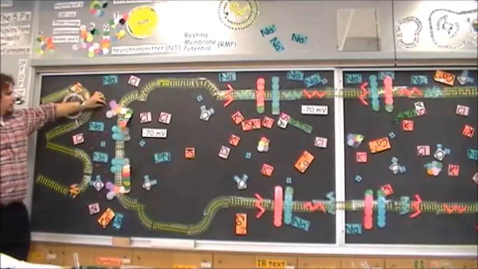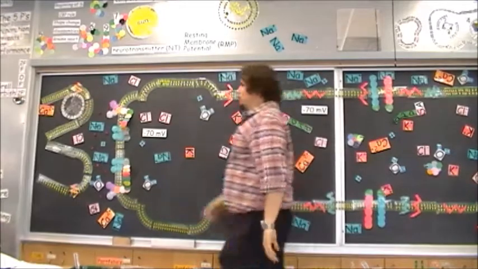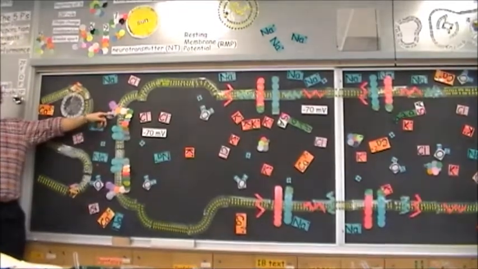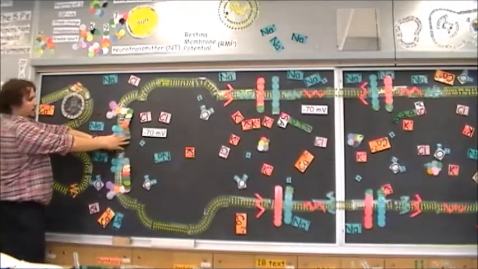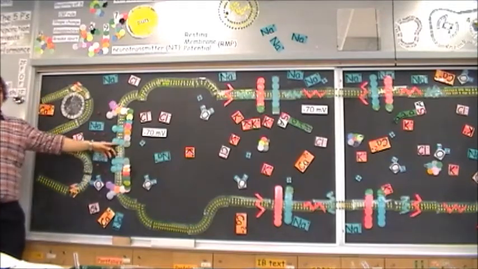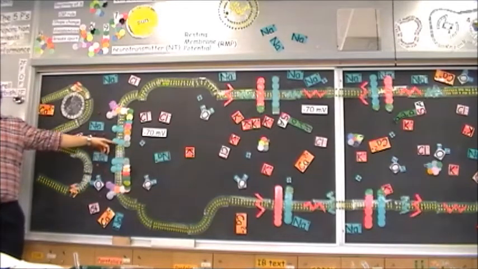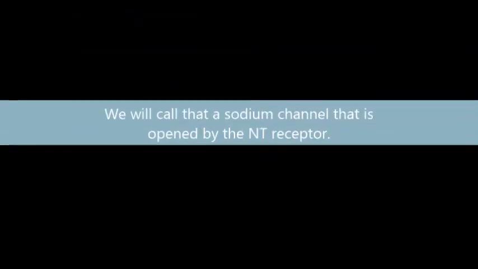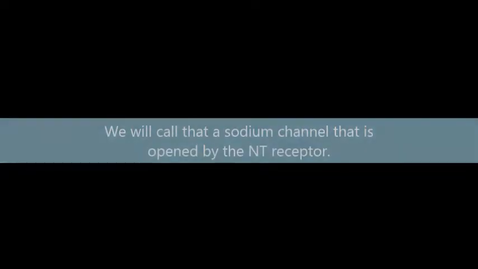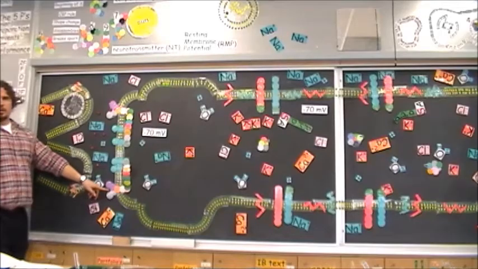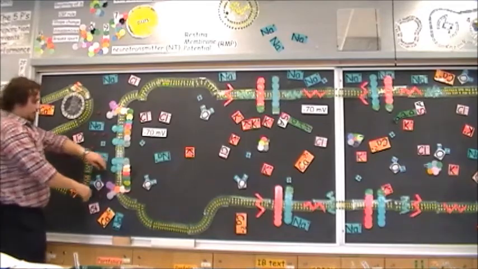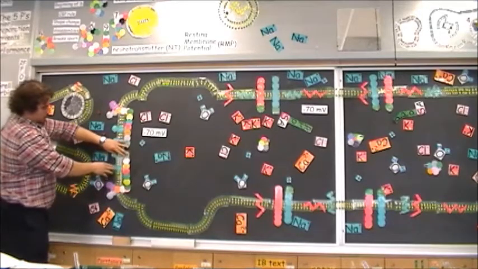Those neurotransmitters eventually make their way to the neurotransmitter receptor and get attached to it. It causes a conformational change in the neurotransmitter dependent channel. The neurotransmitter hits the neurotransmitter dependent protein or receptor, and it causes that conformational change.